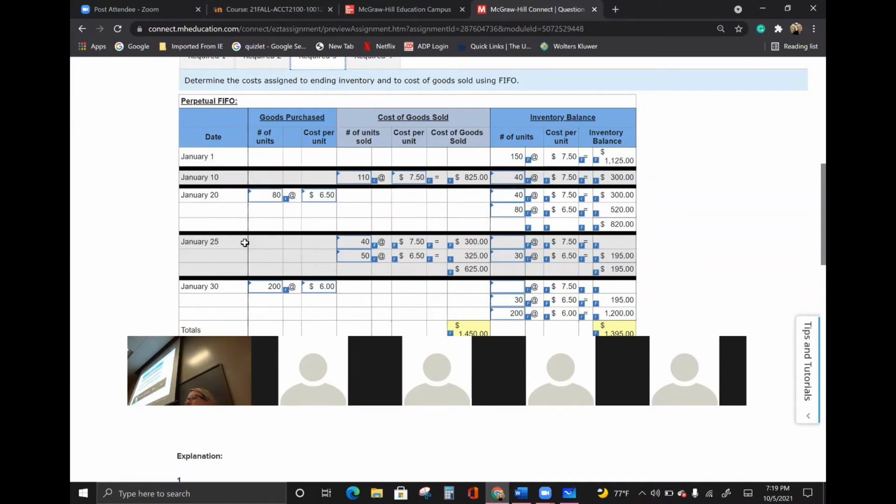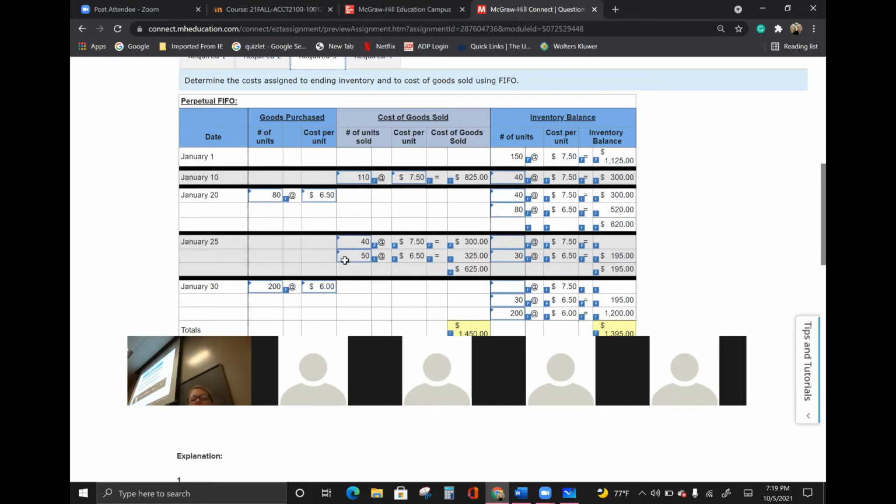So which ones am I selling? This is what I have available at this particular moment in time on January 25th. I have 40 left at 750. I have to use those first because it's first in, first out. So I'm selling these 40, and whatever is remaining out of the 90, 90 minus 40, is 50.